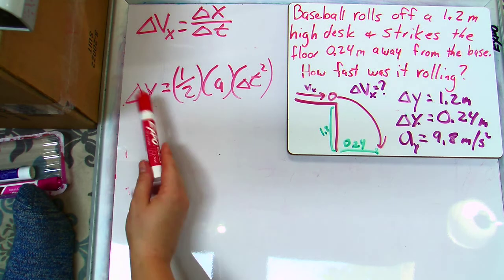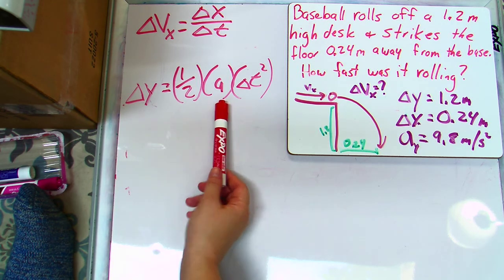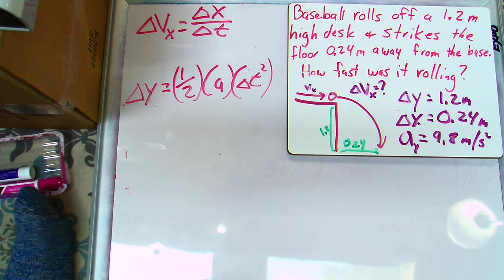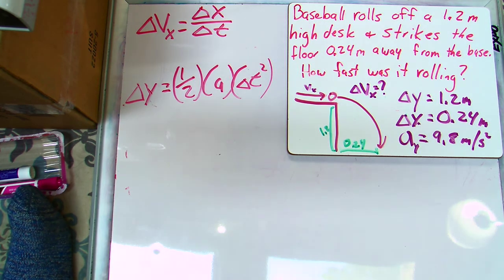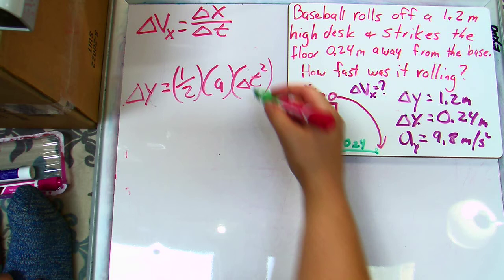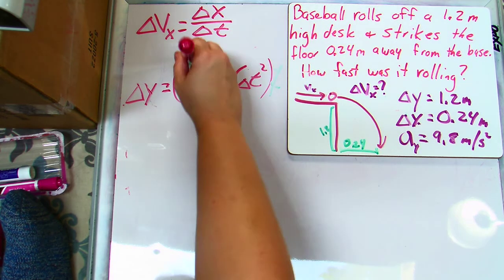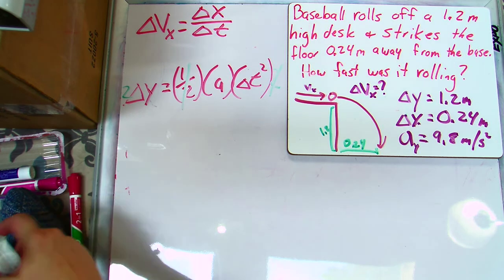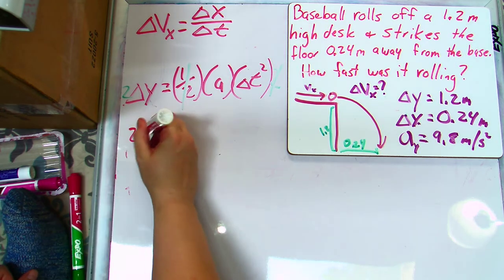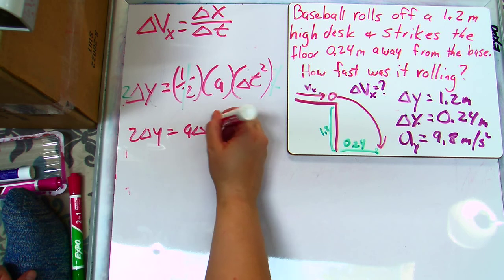All right, I know how far it moved vertically. I know the acceleration due to gravity. I need to solve for time. So I can rearrange this, and that means multiplying both sides by 2, so that canceled out. So we have 2 delta y equals a delta t squared.